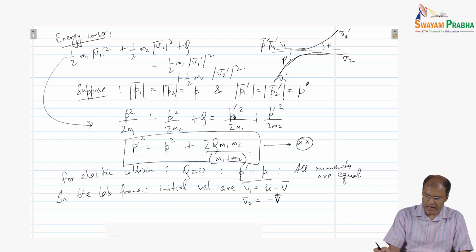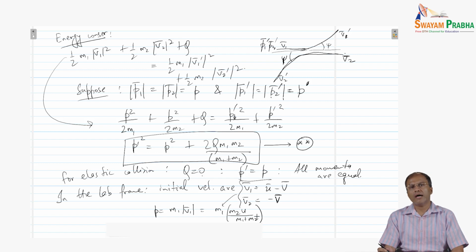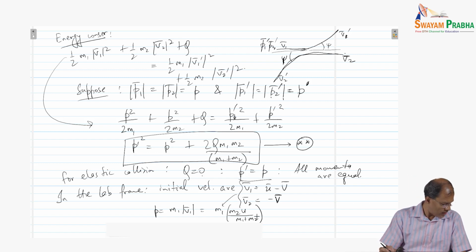And we see that p, which is m1 v1, the incoming momentum, is going to be m1 times m2 u by m1 plus m2, right? So that is p.